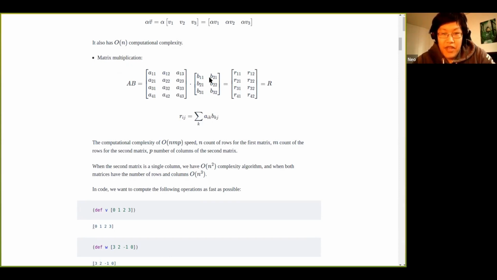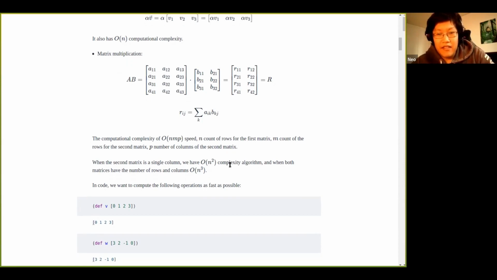In the case where we only have one column here, that's O(n²), where n here is the number of columns. And if the matrices have the same size, then it's O(n³), cubic. So the whole idea of why we would use Neanderthal is to make sure that these two operations are as fast as possible.